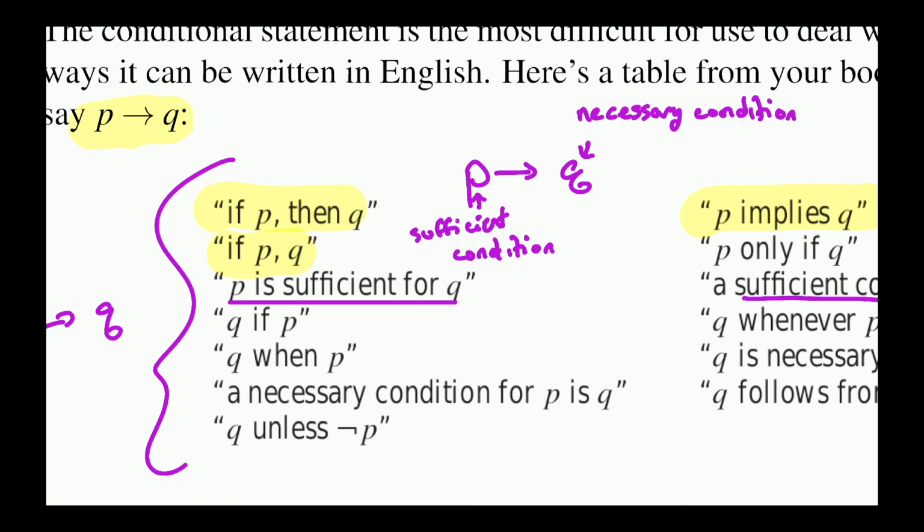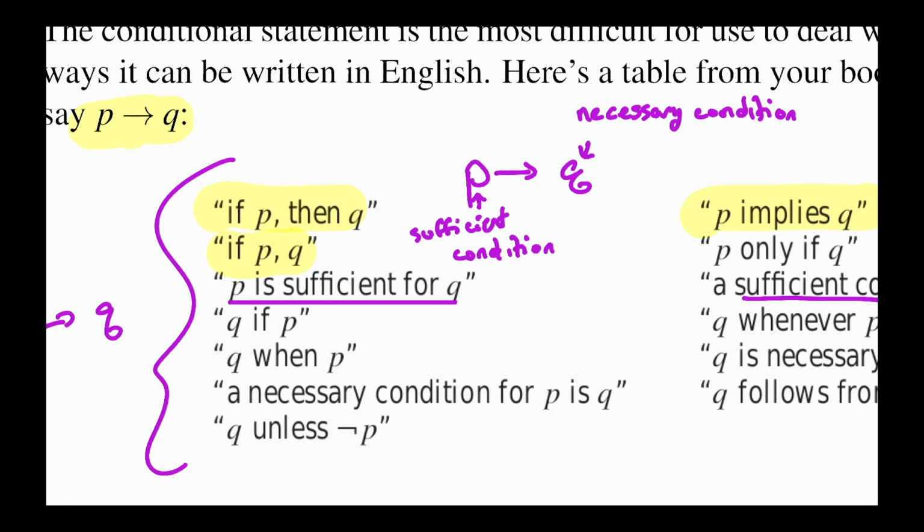Yeah, and the reason that's the case is because if P is true, that's sufficient to make Q true. And if Q is true, then it's necessary that, wait, is that right? Hold on. Let me think about the way I'm saying that. So P is sufficient. So if P is true, that's sufficient in order to make Q true.